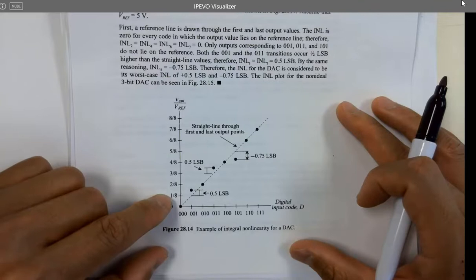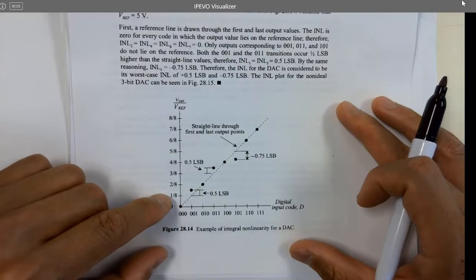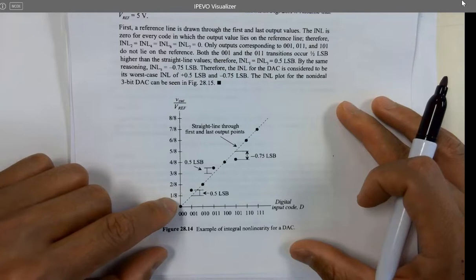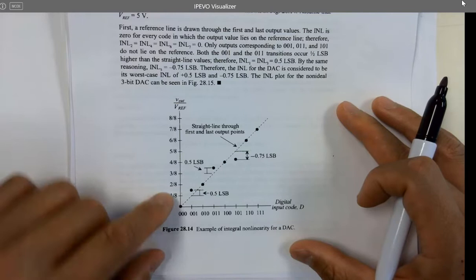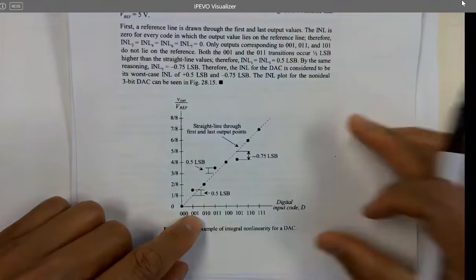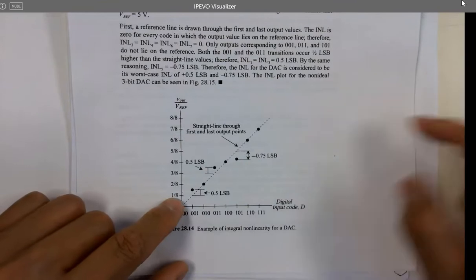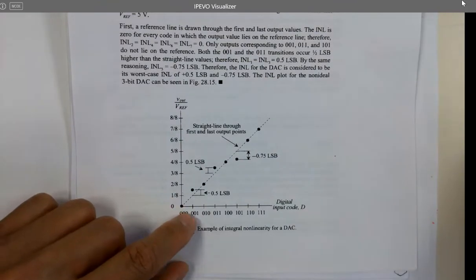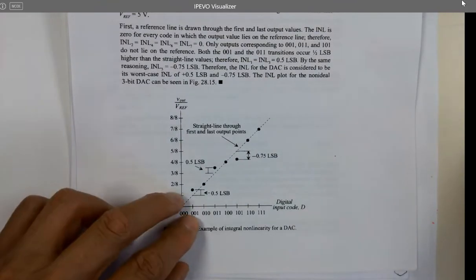So the corresponding analog output here is 1/8, right? So that's the analog 1 LSB over here. You know what I mean? Because 001 is a digital 1 LSB, it's just number 1. 1/8 is the corresponding analog voltage of 1 LSB input.